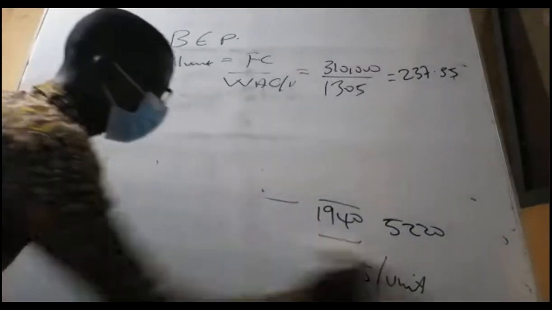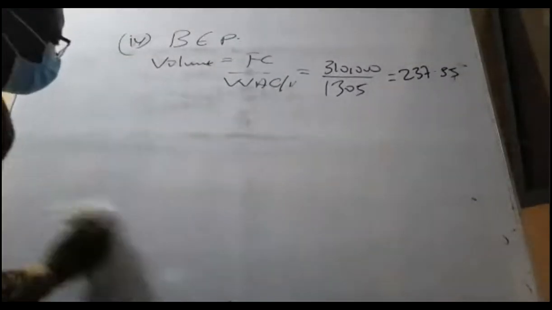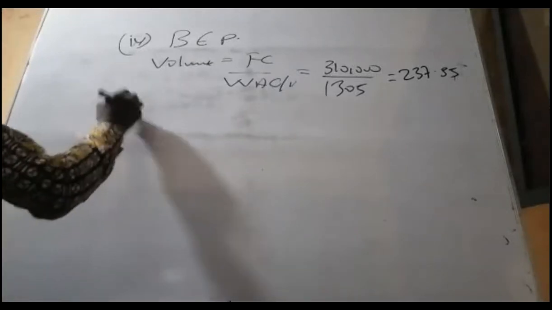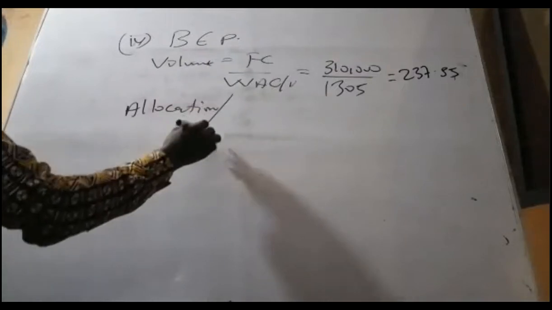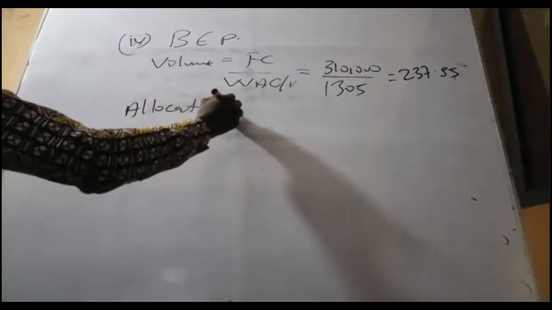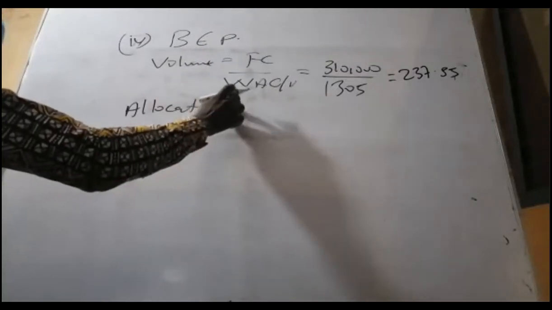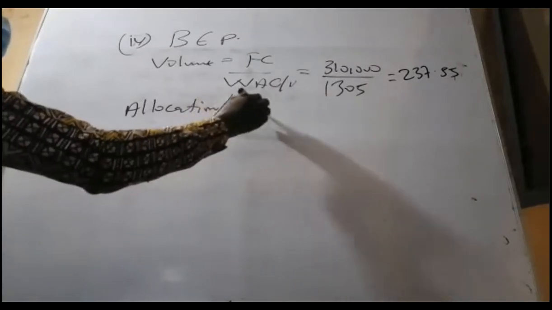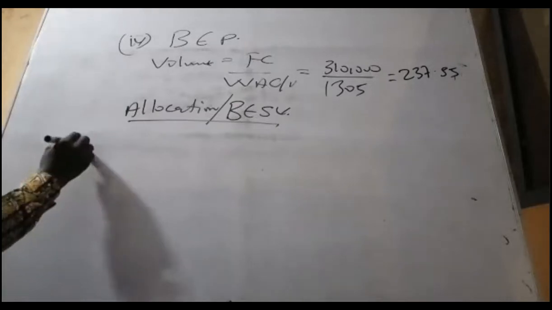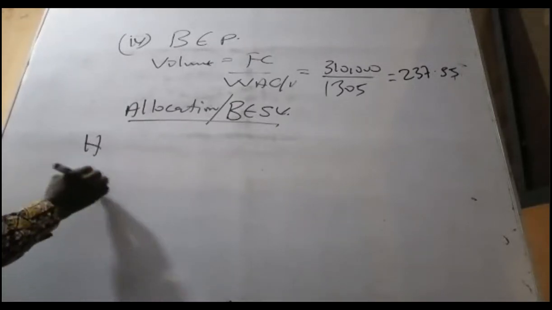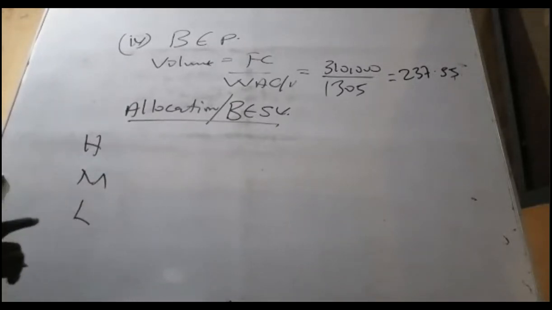Then let's go. Allocation, right? You can allocate the units. So let's look at allocation and value, and break-even sales value. And the same notes. What are the products? High, medium, low. This is how we want to arrange it.